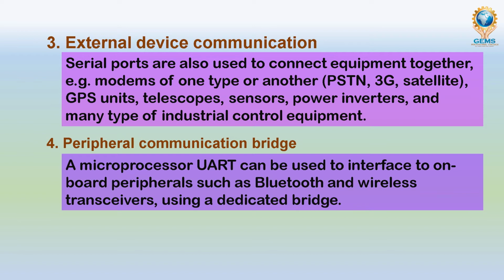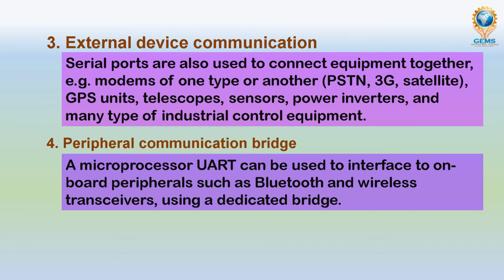And fourth is peripheral communication bridge. This name only, bridge, means connecting two different peripherals to the same connection. A microprocessor UART can be used to interface to onboard peripherals such as Bluetooth or a wireless transceiver using a dedicated bridge.